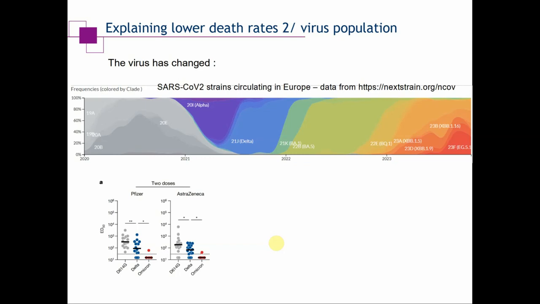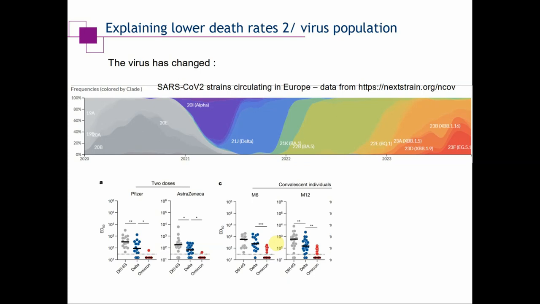It was also true for people who had previously been infected. These were data from Olivier Schwartz's group at Pasteur, published at the beginning of last year. So that's why we had a huge wave of Omicron infection in 2022. I was one of these vaccinated people who had no protection against Omicron infection last November.